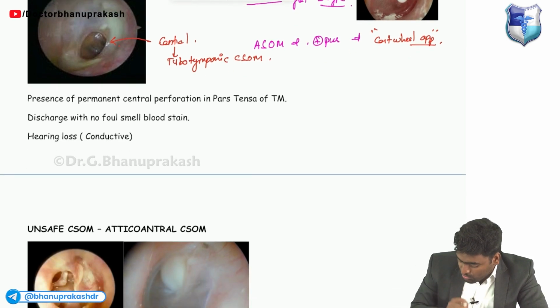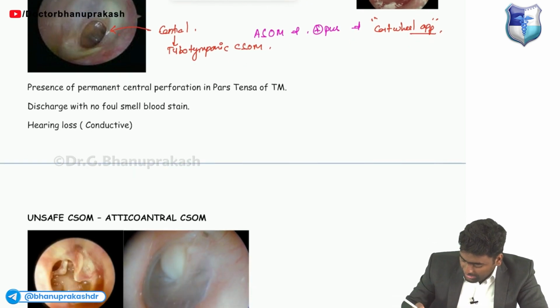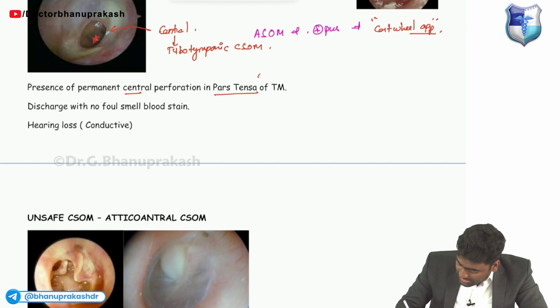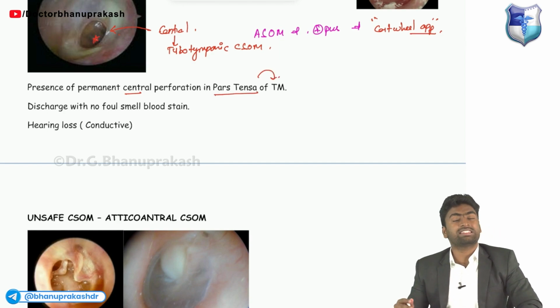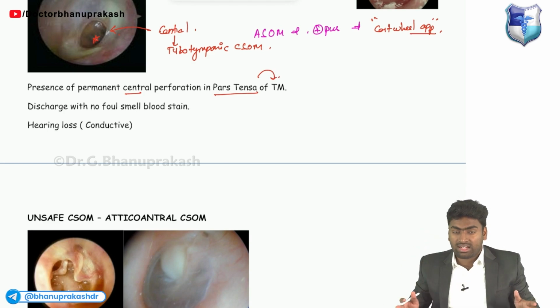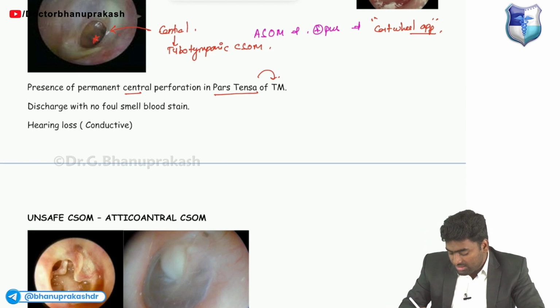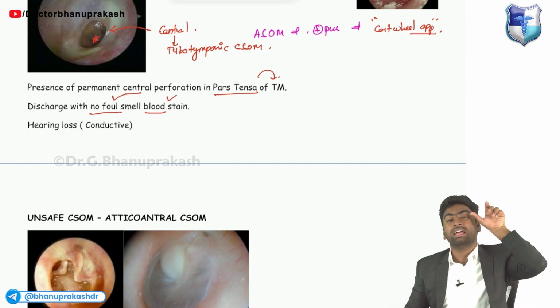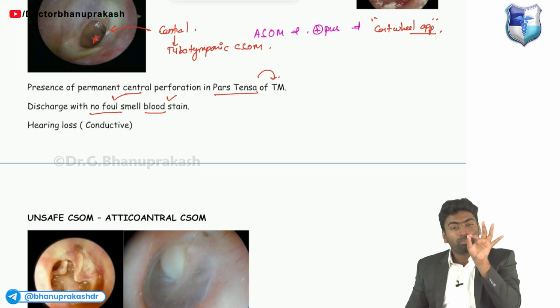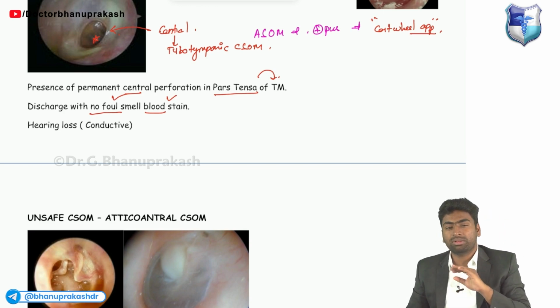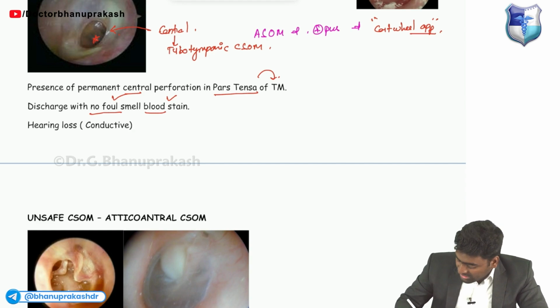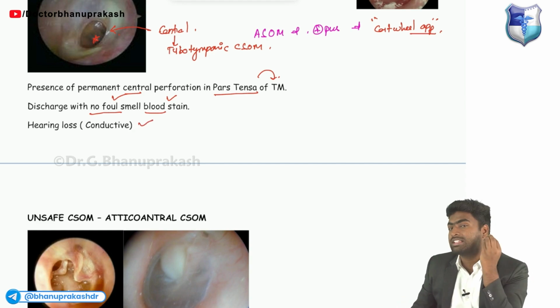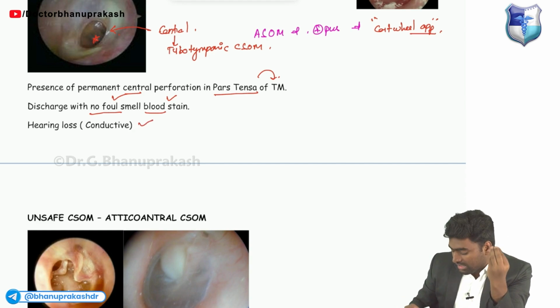There is a permanent central perforation of the tympanic membrane, and here the discharge will be more, but there will be no foul smell and no blood stain. Just remember, there will be more discharge, without any smell. And here the hearing loss will be conductive because there is a perforation.